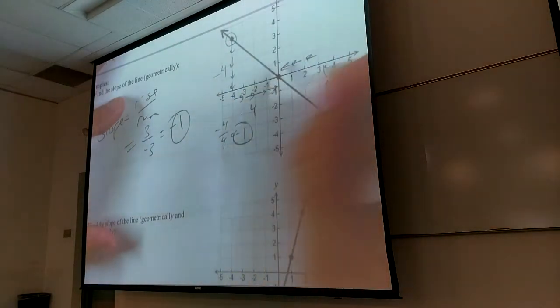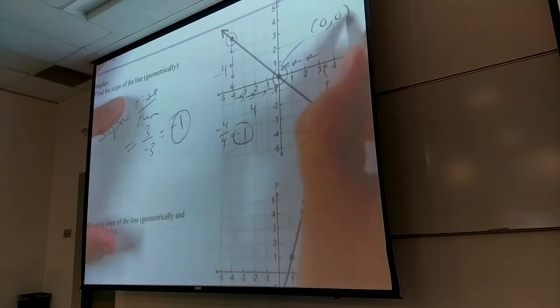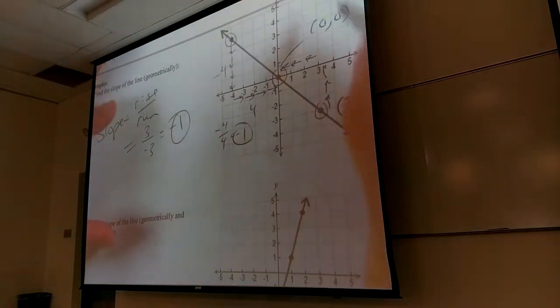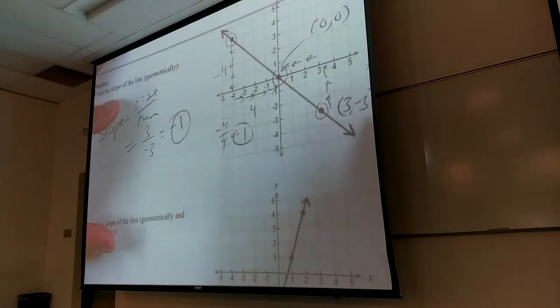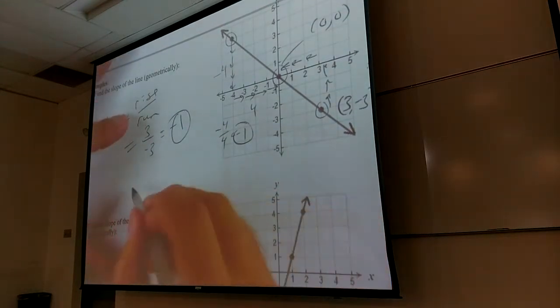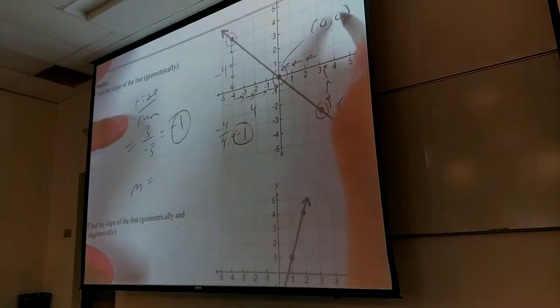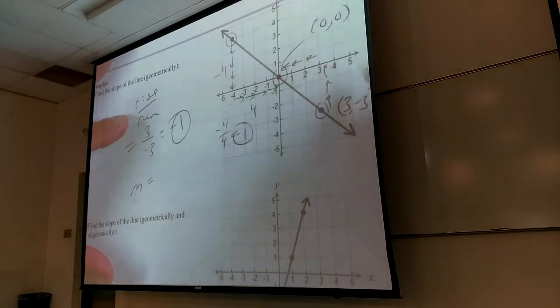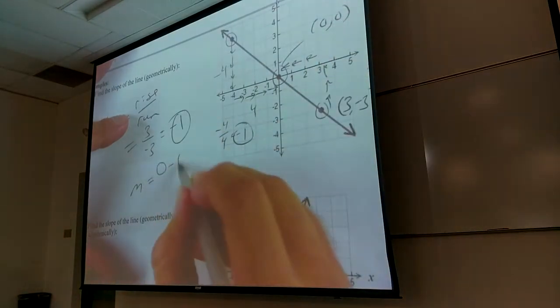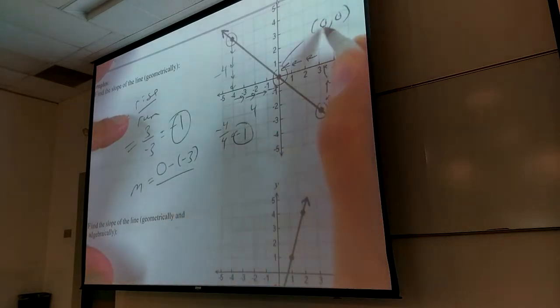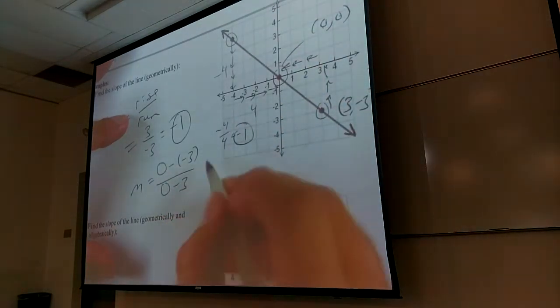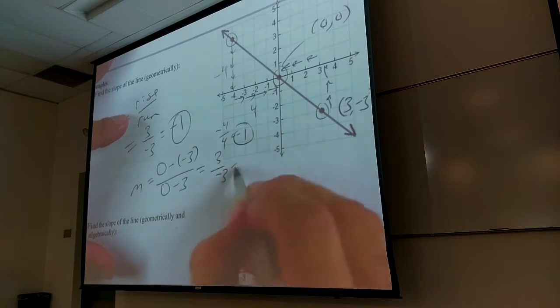And what's the coordinates of this point here? So how much does it go up would be how much do the y's change, right? You guys know where this is going. So how much do the y's change? Well, they start at -3 and go to 0. So 0 minus -3 over 0 minus 3. This is 3 over -3, which is still -1, yay.